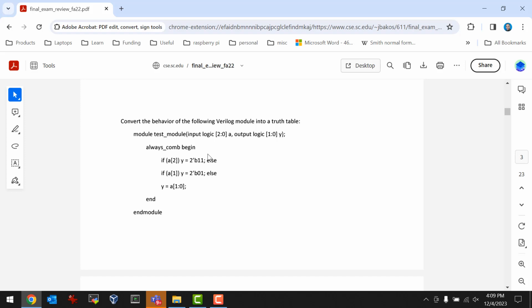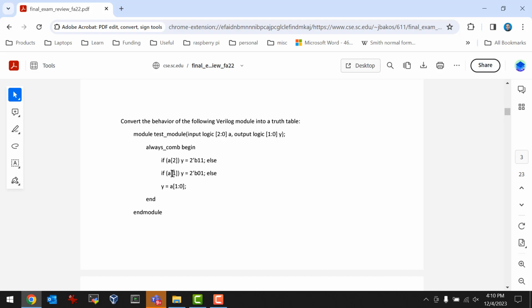And then for each one of those inputs, you have to calculate what Y is, which, for half of the rows of that truth table, which is basically if A bit 2 is set, meaning that the value of A as a 3-bit value is between 4 and 7, then the output Y is going to be 1, 1. Of the remaining 4 values, which would be between 0 and 3, 2 of those have bit 1 set, right? You guys with me?